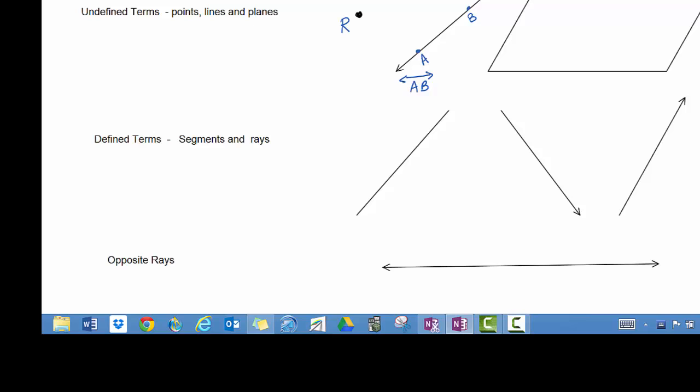Plane is the third undefined term. We denote it via a parallelogram. However, we need to understand that a plane goes on forever, just like a line goes on forever.